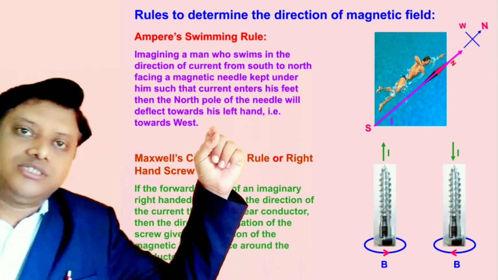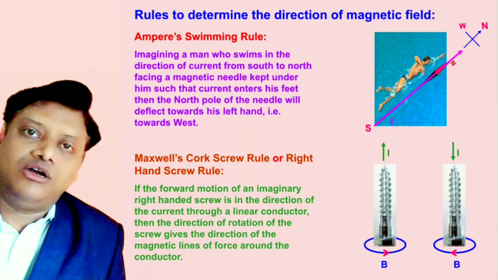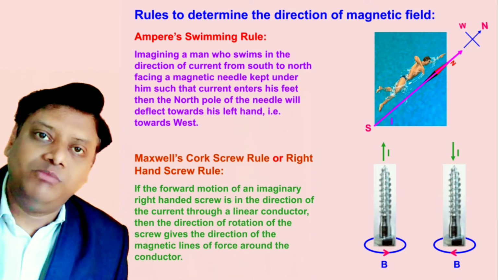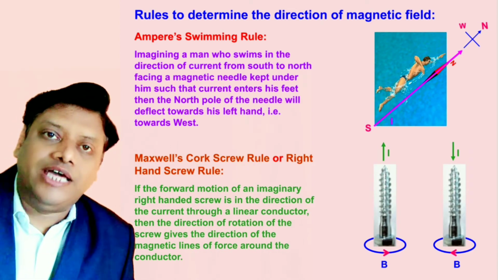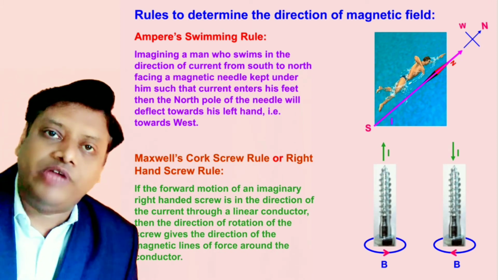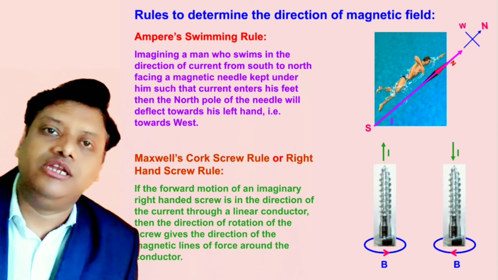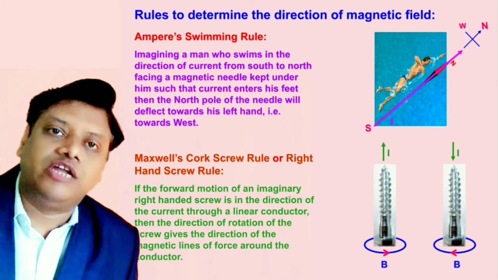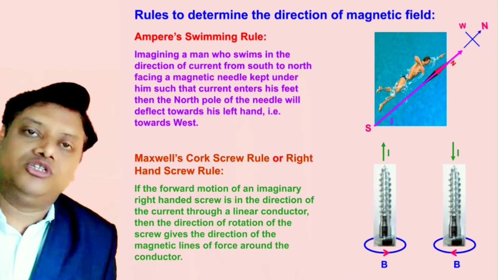According to this figure, we are swimming above the wire and the needle is placed below the wire. Keeping this in mind, the direction of deflection of the north pole of the needle will be towards your left hand, that is, towards the left hand of the swimmer. So this is called Ampere's swimming rule.